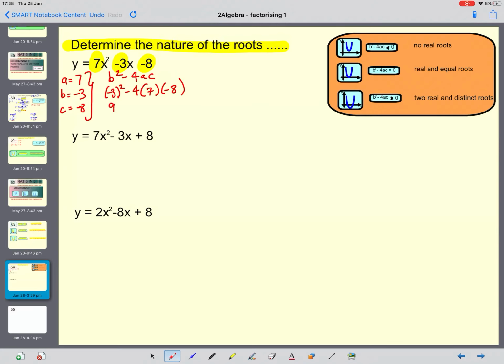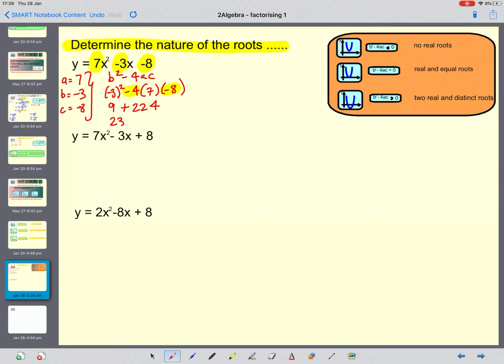Negative 3 squared is 9. Now you should recognise there's a negative 4 here multiplied by a negative 8, so straight away I should know my answer will be positive, because a negative multiplied by a negative is a positive.